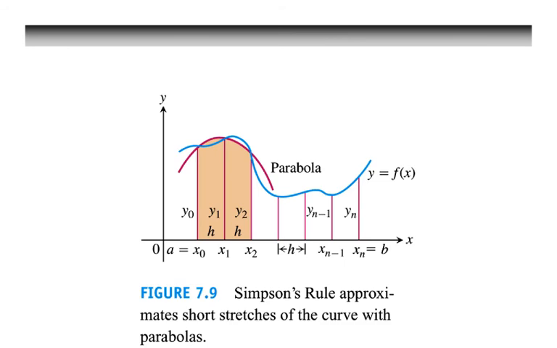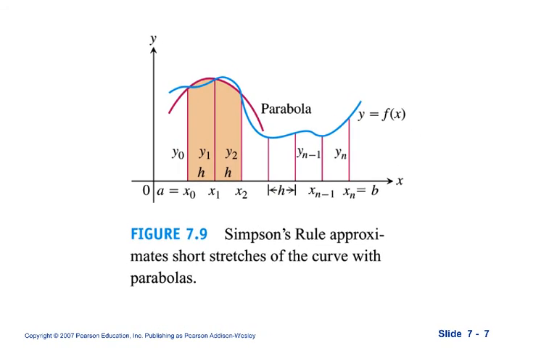Now, the next technique is using a rule called Simpson's Rule. It takes 3 points in the interval and fits them with a parabola. And then you calculate the area under the parabola, which you know exactly.